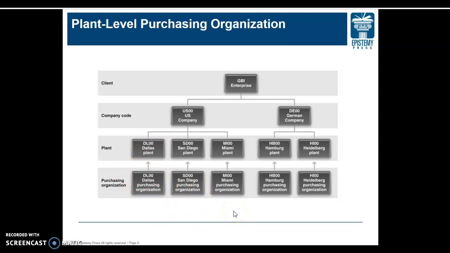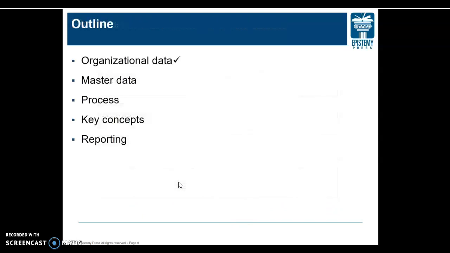Some companies take a hybrid approach where some material is bought at the enterprise level for the entire enterprise, and some material is purchased by the individual plants. And this makes sense. If you're a big organization and you're buying something that comes from one location for all your plants, it makes sense to buy it at the enterprise level. However, if you have material that's being purchased locally, it makes sense to buy that material through the plant.